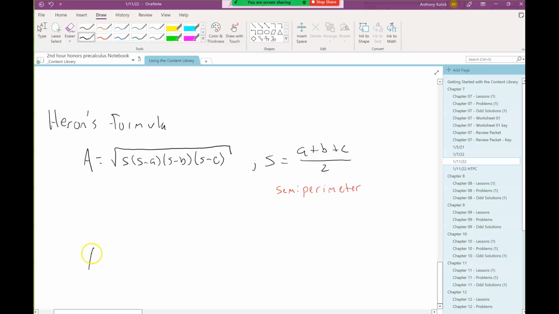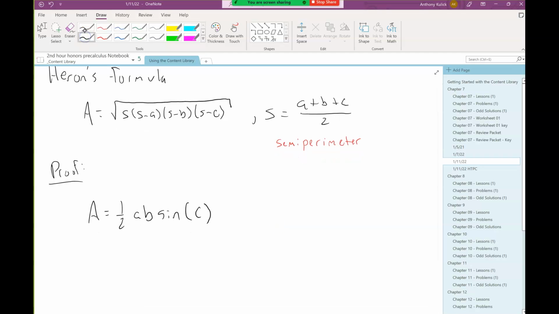It turns out that this formula, Heron's formula, is just a different version of that previous formula we had given. And you're probably going, I don't buy that at all. Well, here's what we'll do to kind of prove this.